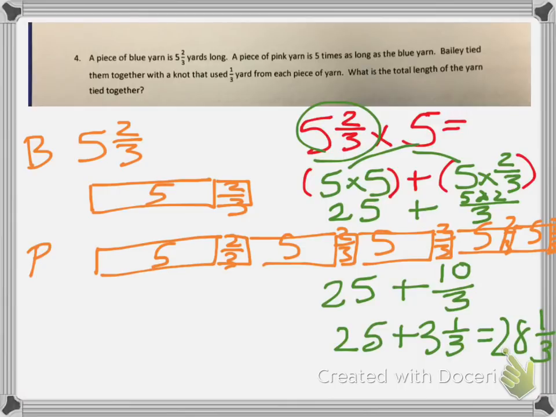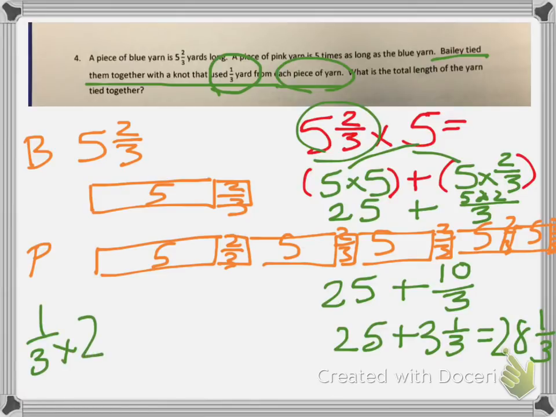All right, we got this part of it, but we're not done, because this part of the problem, Bailey tied them together with a knot that used 1/3 of a yard from each piece. Okay, so really this is 1/3 times 2 wholes.